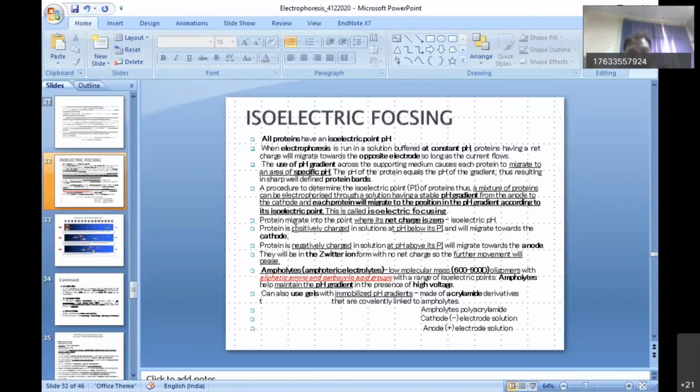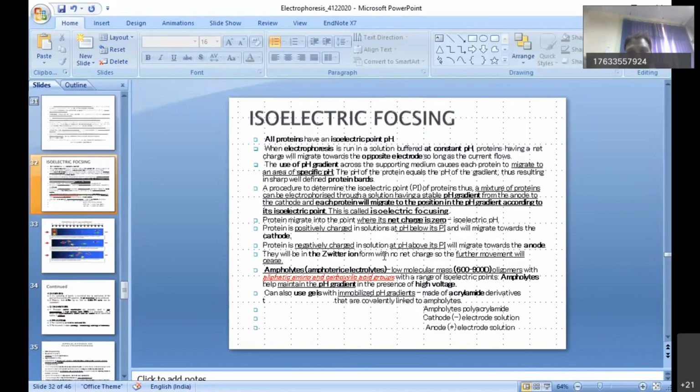As you know, the protein migrates, and when it reaches the isoelectric point the net charge becomes zero, so the movement stops.